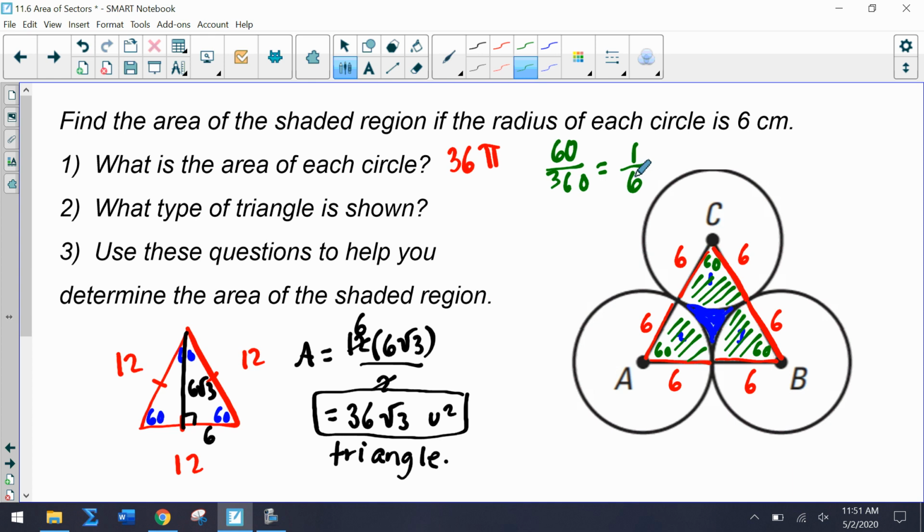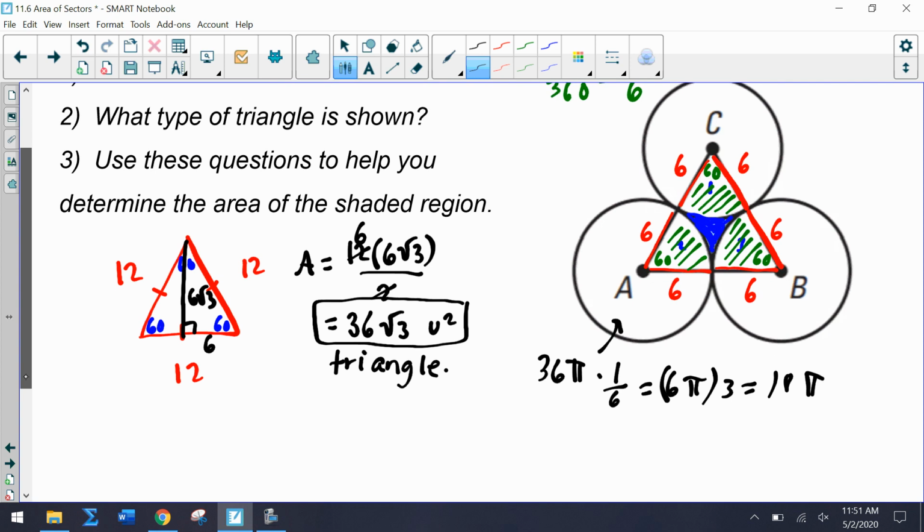So if the circle has an area of 36 pi, right, this whole circle has an area of 36 pi, then 1/6 of that represents 6 pi. So each of these green areas is 6 pi. So in total, we have 18 pi. And that's representative of all those green areas.